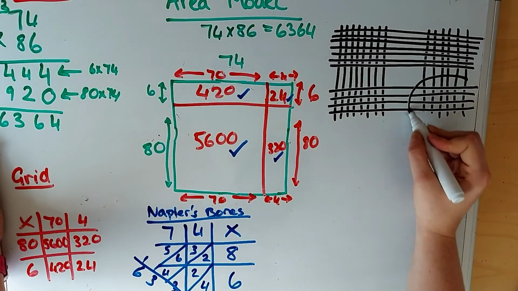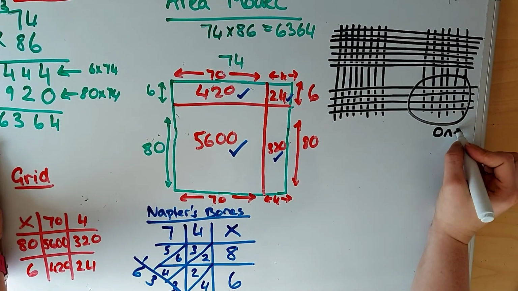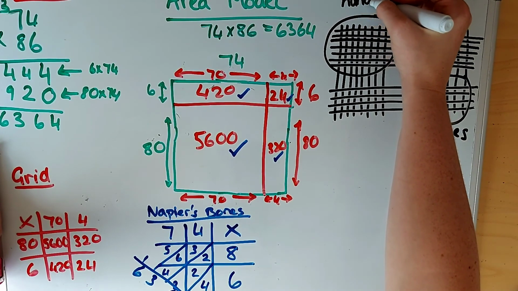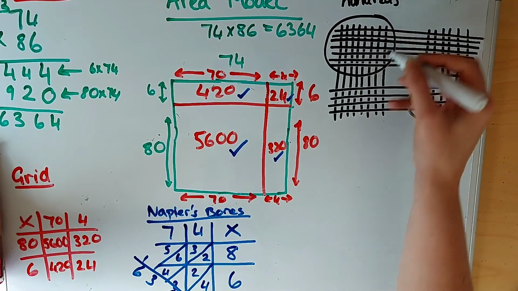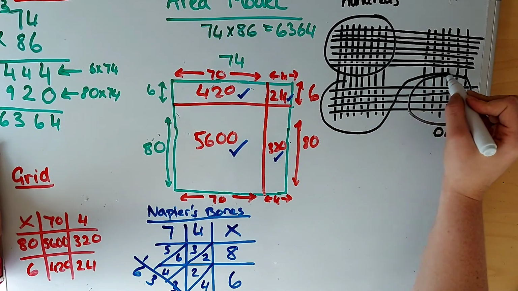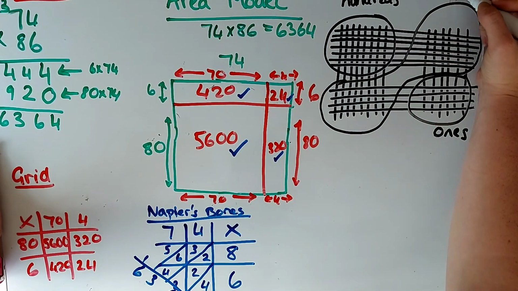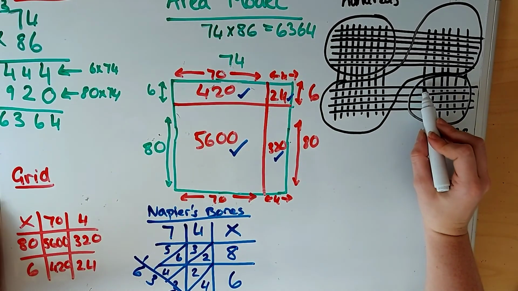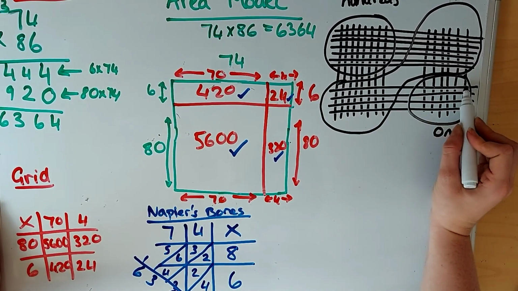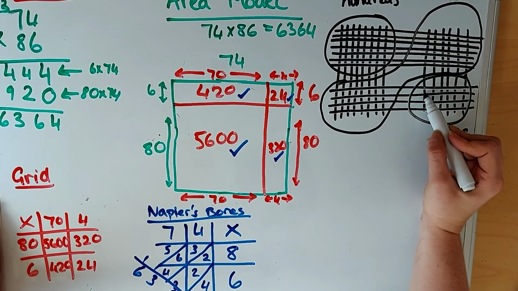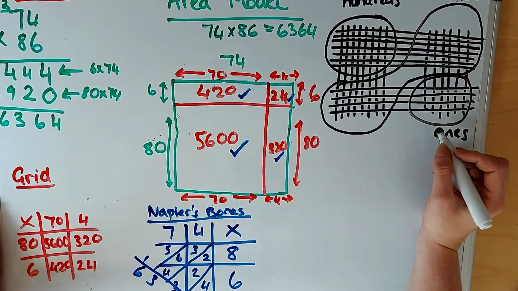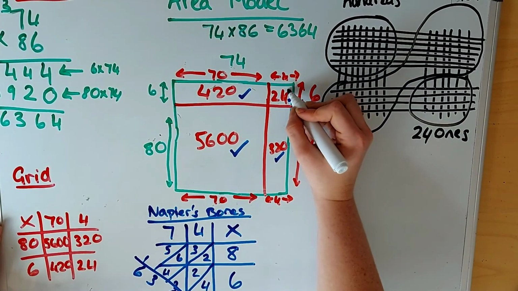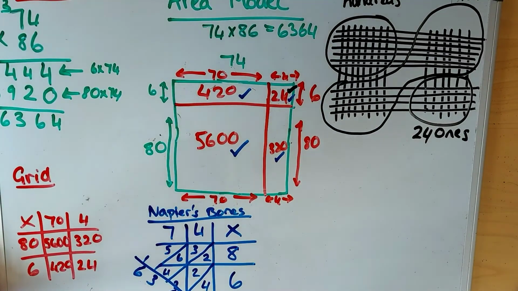And we know that this section here is going to be the ones. This section here is going to be the hundreds. Then these two sections, when added together, will be our tens. So if I look at my ones, I've got 6 by 4, so 6 multiplied by 4 is going to give me 24 ones, which is that section.